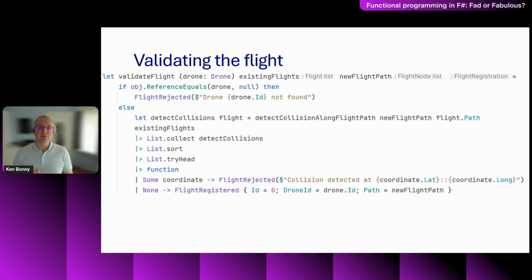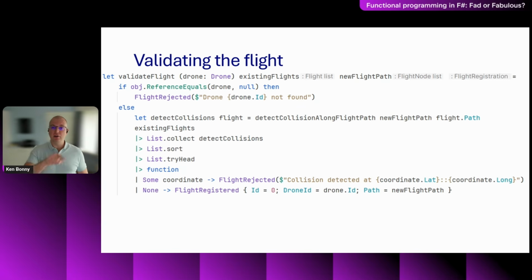But the more important thing happens in the else branch, because here we are defining a function that will check if there are any collisions along our new flight path, and it will compare this with the flight path of an earlier registered flight. This will give us a list of nodes, a list of coordinates where collisions happen.